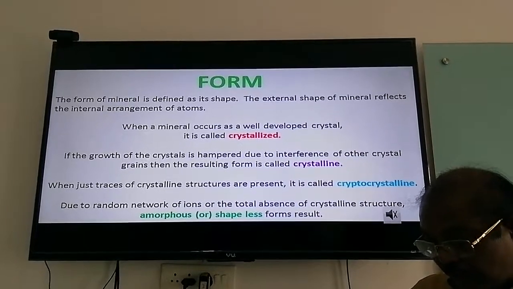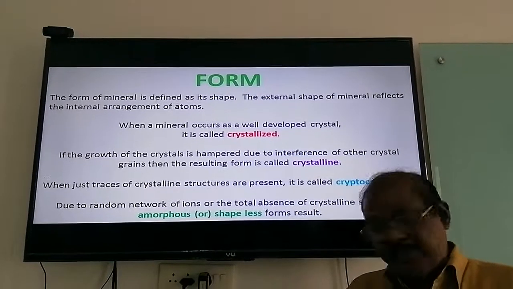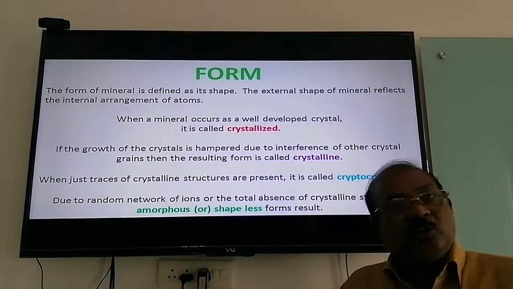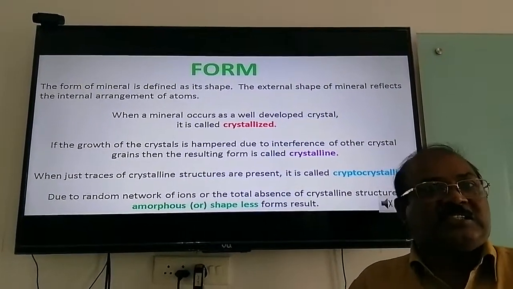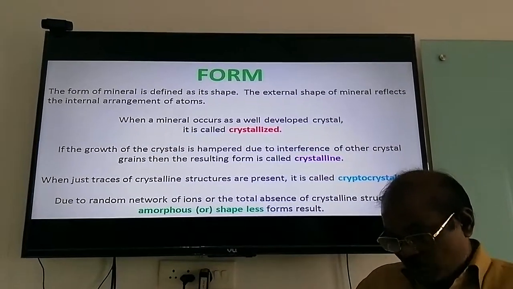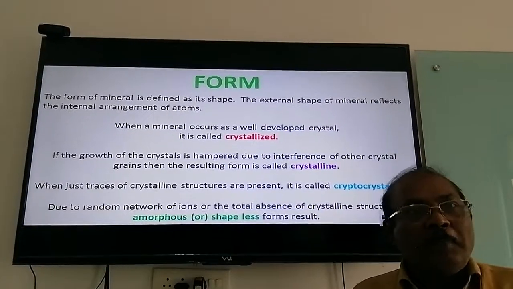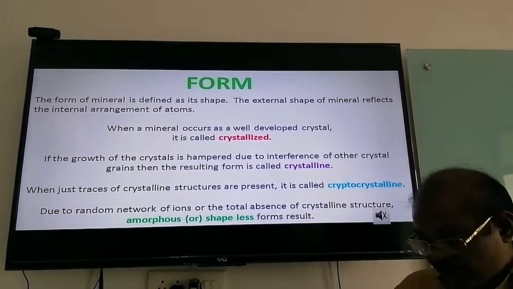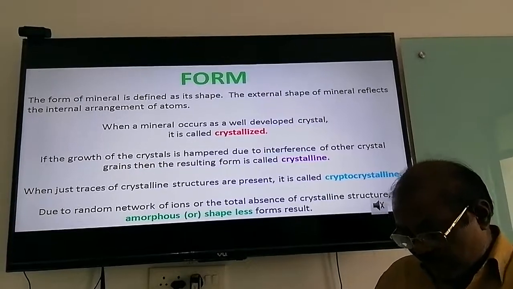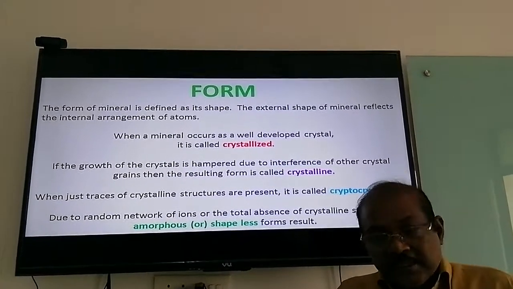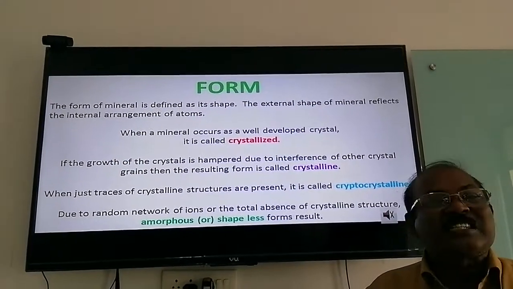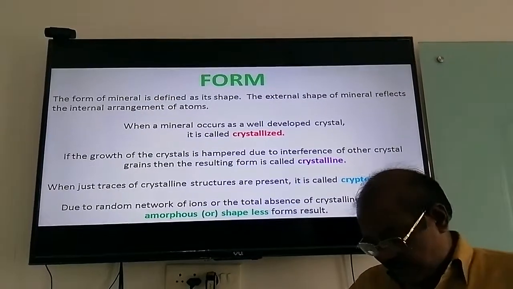When a mineral occurs as a well-developed crystal, then we can call it crystallized. Suppose the growth of the crystals is hampered by surrounding minerals or interference of other minerals, then the resulting form is called crystalline but not crystallized.